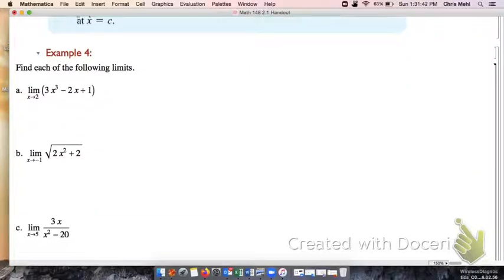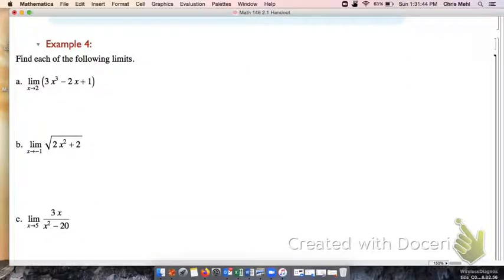Okay, so let's do 4 limits here that are pretty straightforward, using those two properties and the algebra of limits properties from before. Combining the theorems about polynomials and rationals with those algebra of limits, I can do this first limit. The limit as x approaches 2 of 3x cubed minus 2x plus 1.